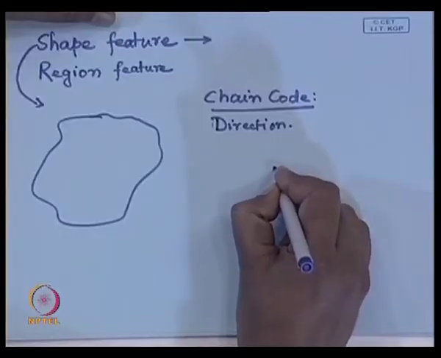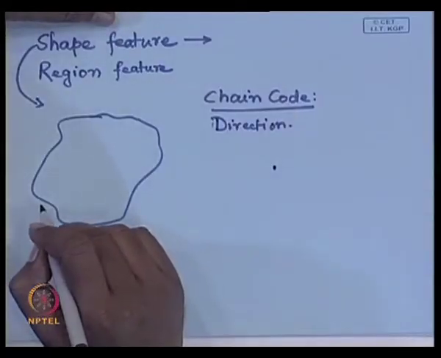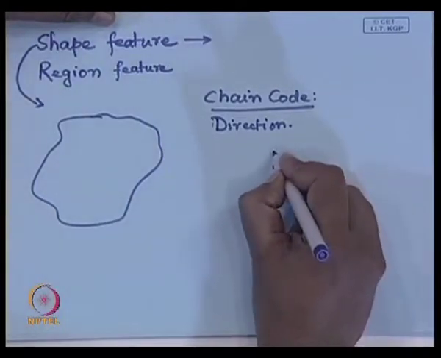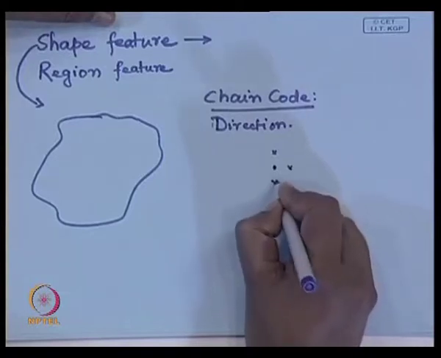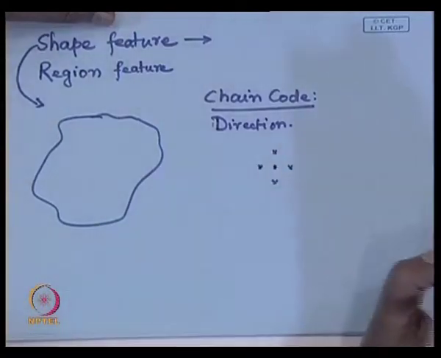If I talk about 4 connectivity, suppose I have a central pixel somewhere over here. In 4 connectivity it has 4 neighbors: one on top, one to the right, one at the bottom and one to the left.